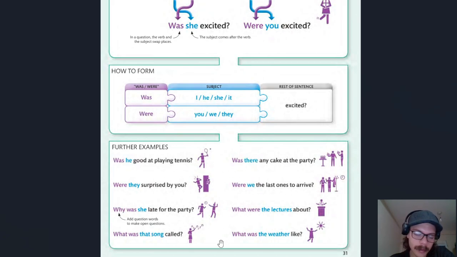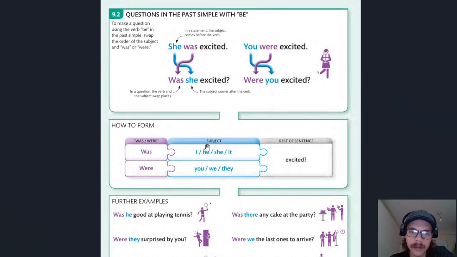And at the bottom, it's again almost the same thing, except at the beginning you're adding the question word because you are making an open question. So why, what, and what again. And then the actual verb be, so was, were, was, and then the person. So she, that song, the lectures, the weather.